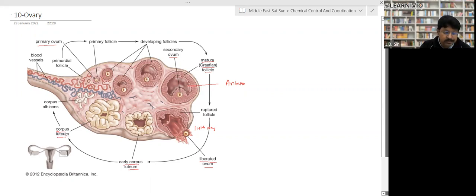The corpus luteum starts secreting some hormones, so it works as a gland. The base part of the ovary is called the stroma. Please start noting that.